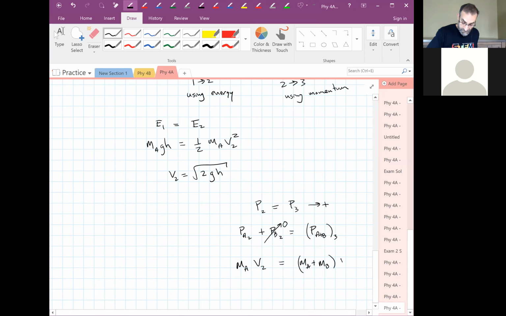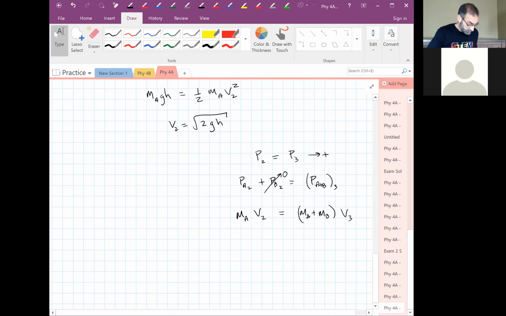And they're stuck together at the end. So their masses, we have to add the masses up. Now we just plug in what we know. What do I know? I know that mass A is 2. And this is the square root of 2 times 9.8 times 5 sine 30 degrees, right? And what is that? 2 plus 3 times V3.